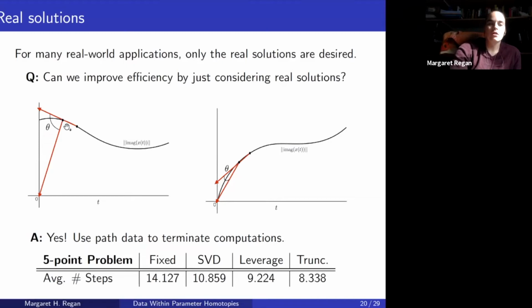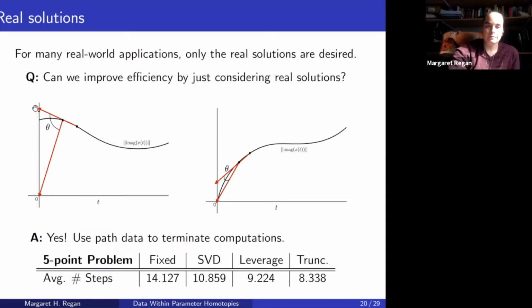Right? And so with this angle, what we do heuristically is say, okay, with this angle value, is it possible, based on where we are in our t, to get back to a real solution?